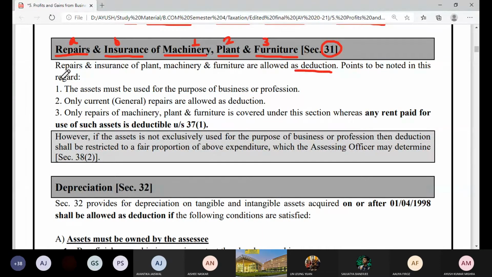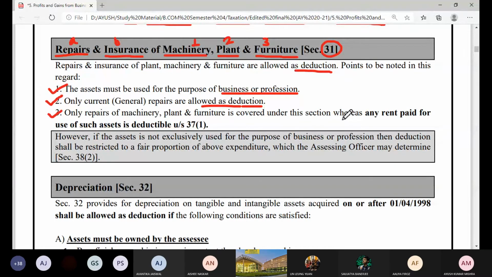The points we need to keep in mind while deducting these items: first, the asset must be used for the purpose of business, which we have just seen as a general note. Next, only the current general repairs are allowed as deduction. The next, only repairs of machinery, plant, and furniture are covered in this section.